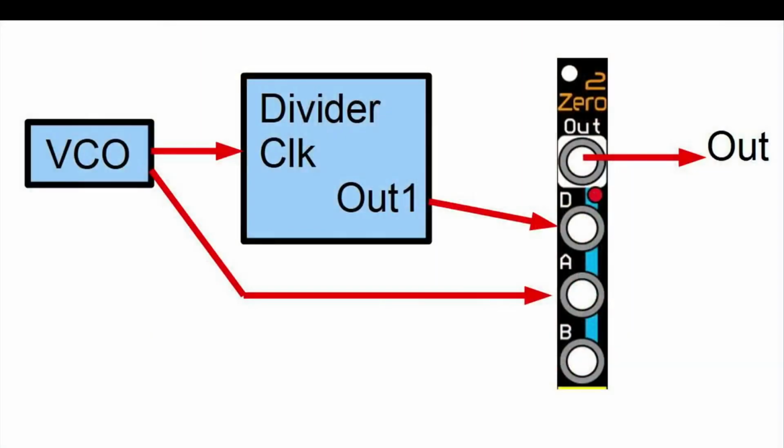But for audio, it could be kind of annoying. So that's why I'm doing this resynchronization of the signal coming out. And I'll do some repatching here and do another channel of this so we can have a 3-tone chord going on.